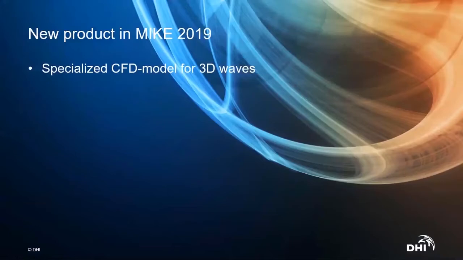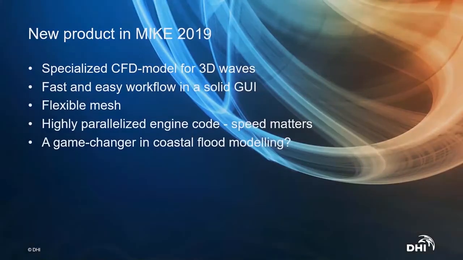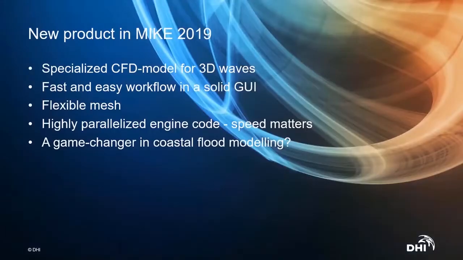So what is MIKE 3 Wave FM? Well, it is a specialized CFD model for three-dimensional waves, meaning that we are resolving both the horizontal and the vertical dimensions. It has an easy and user-friendly guided user interface where you can quickly set up models, which allows you to error check your setups on the way.